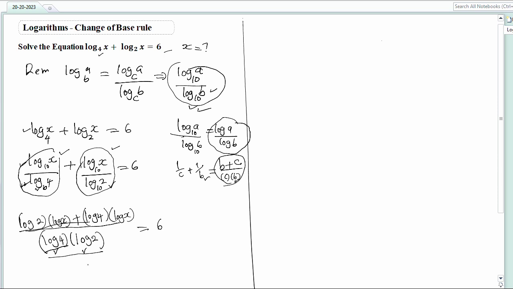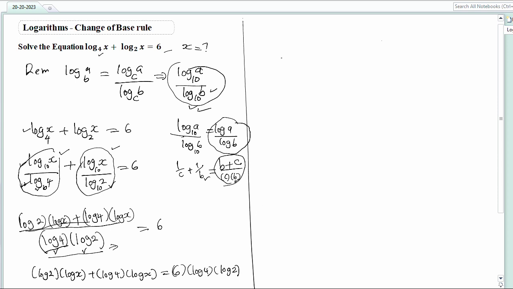On my left hand side, log 4 log 2 will cancel out, and what is left is log 2 log x added to log 4 log x, and this equals 6 times log 4 log 2. Yeah, so that is what we have.